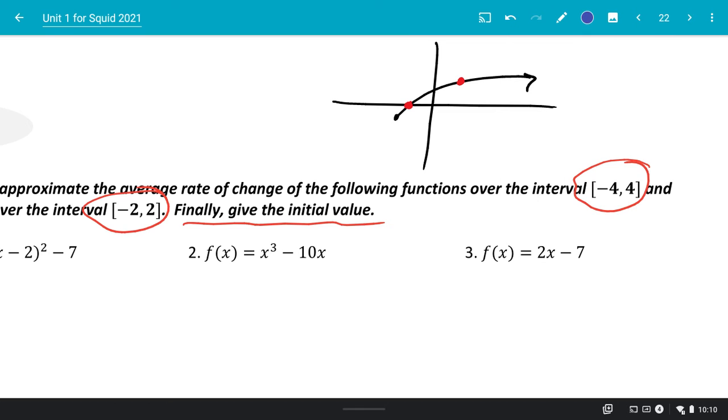And then the rate of change from here to here might be slightly different. So what we do in those cases is we basically just find the rate of change from those points and call that the average rate of change. Are you with me? Okay. Now, if it's on a graph, that's somewhat easy to do. I'm going to give you one more example.